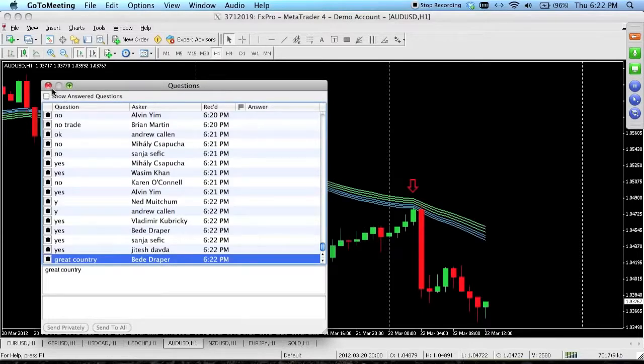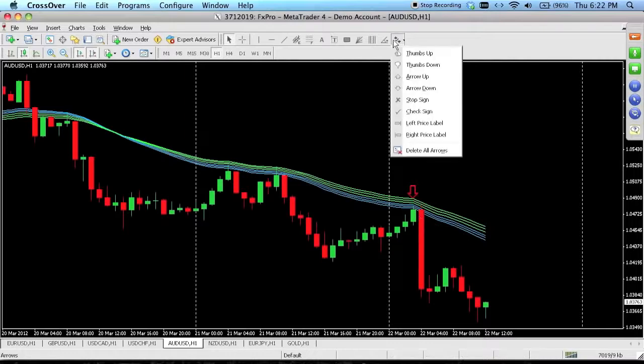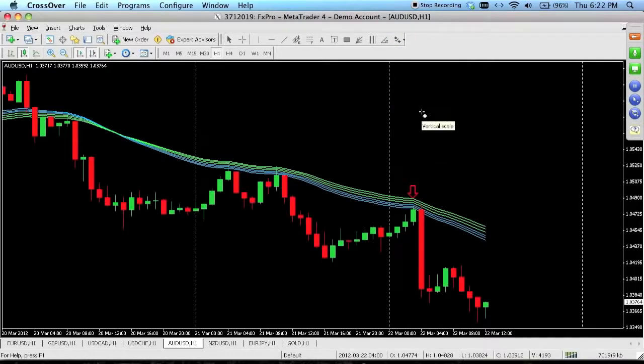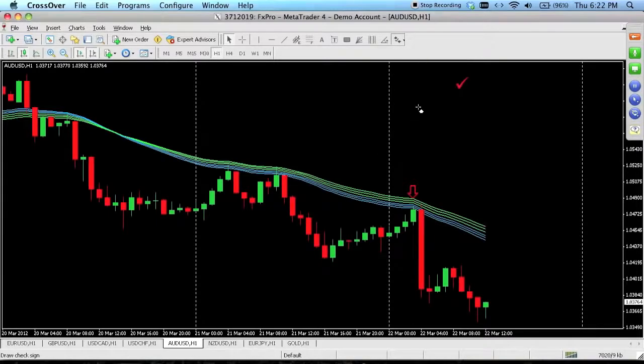Now, let's take a look at Aussie dollar right here. We have our first touch right here. What things do we need to check? Is it congested? No, we can see through clearly. Check. Do we have our towers? We're in an uptrend, so we're going to look for higher lows.